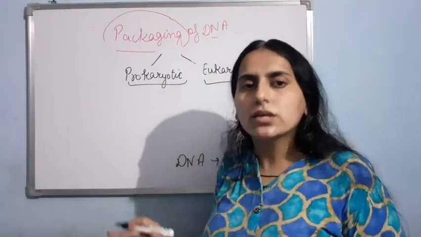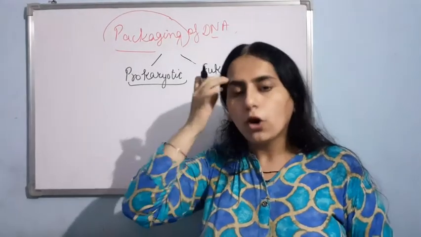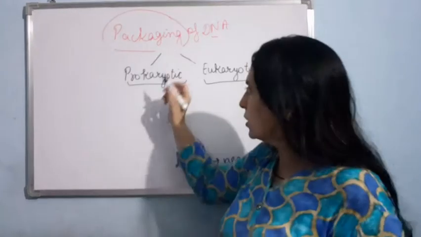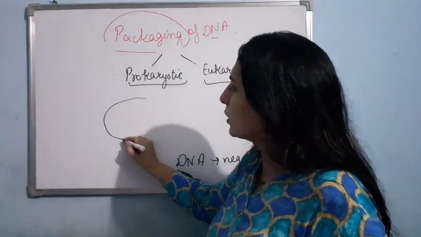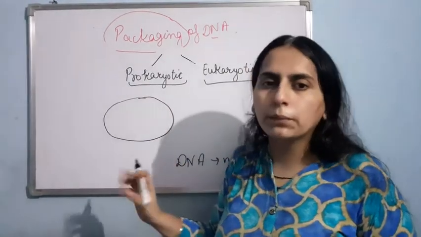In prokaryotes, as you know, the nuclear membrane is absent, or I can say the well-defined nucleus is absent. Suppose I am drawing a prokaryotic cell. Here I do not have the nuclear membrane.